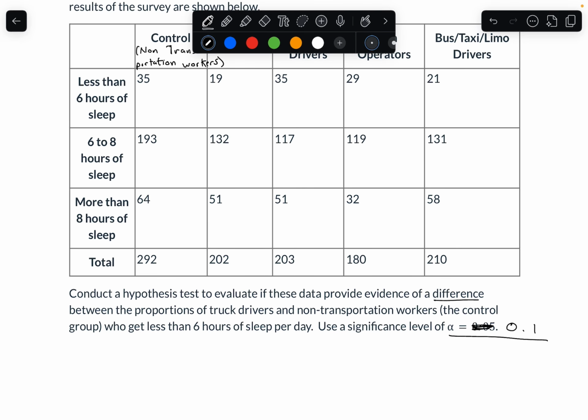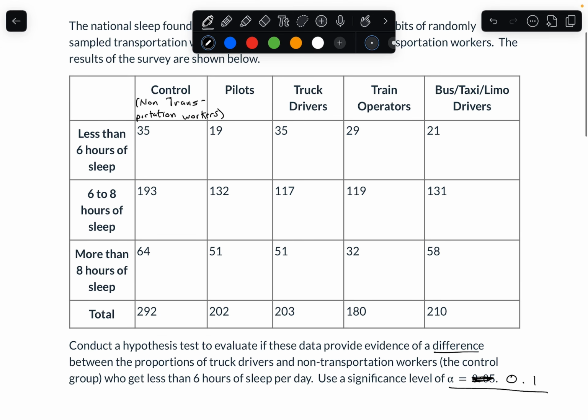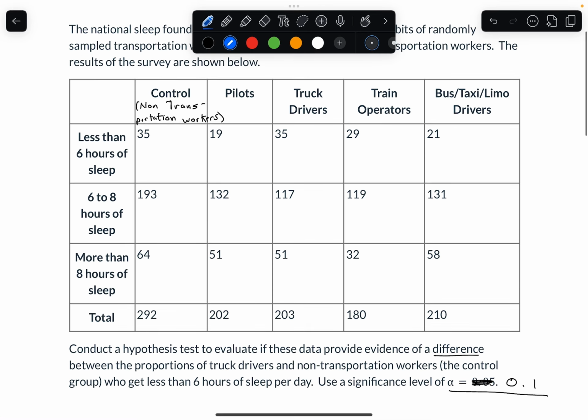So, as we start, the first step is always to set up our hypotheses. What does that look like? Let's make a decision right here at the beginning of our problem, which of these groups is going to be group 1 and which is group 2.